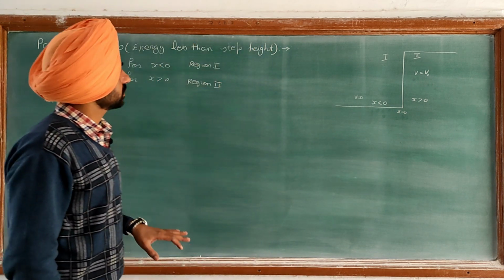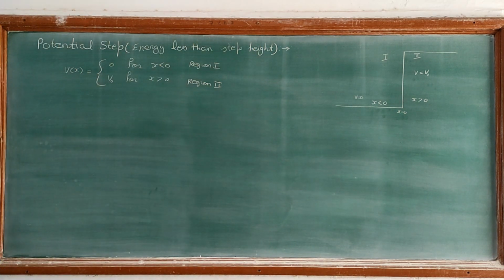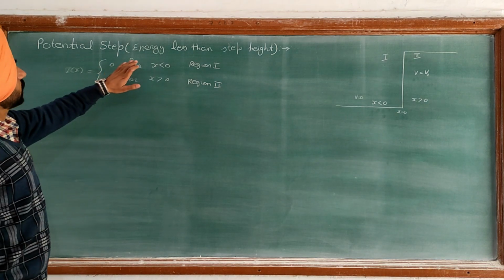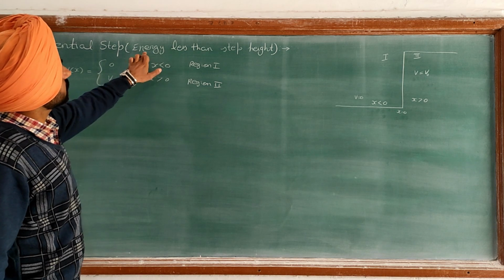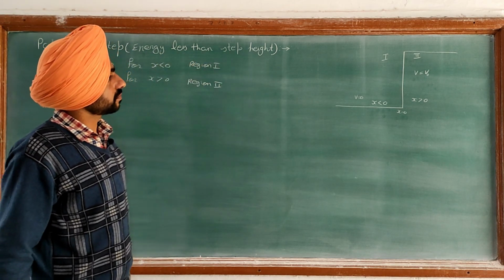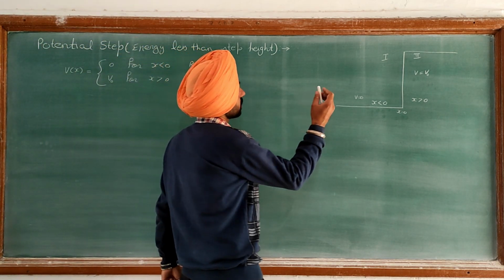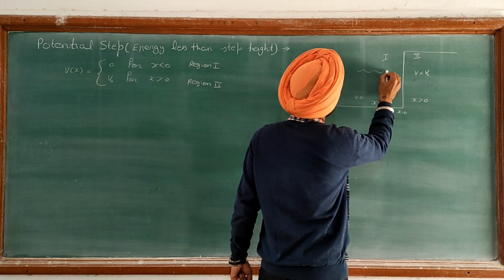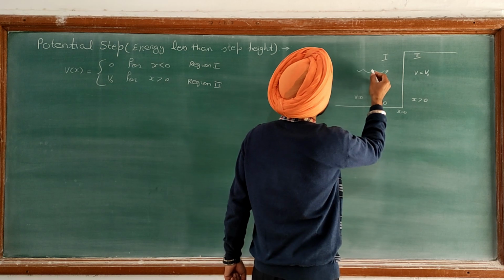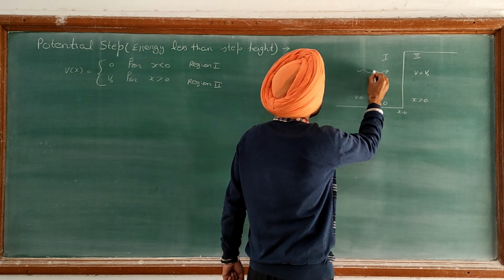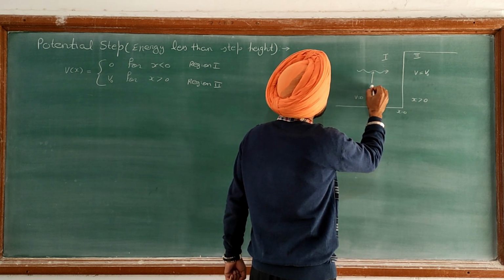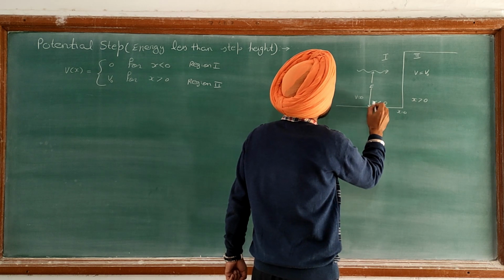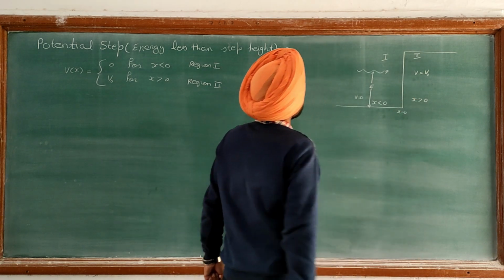Now, before discussing the classical case, we have another point here: energy less than the step height. We consider a particle whose energy E is less than the step height. We have represented the particle quantum mechanically, and this energy is less than the height of the potential barrier.